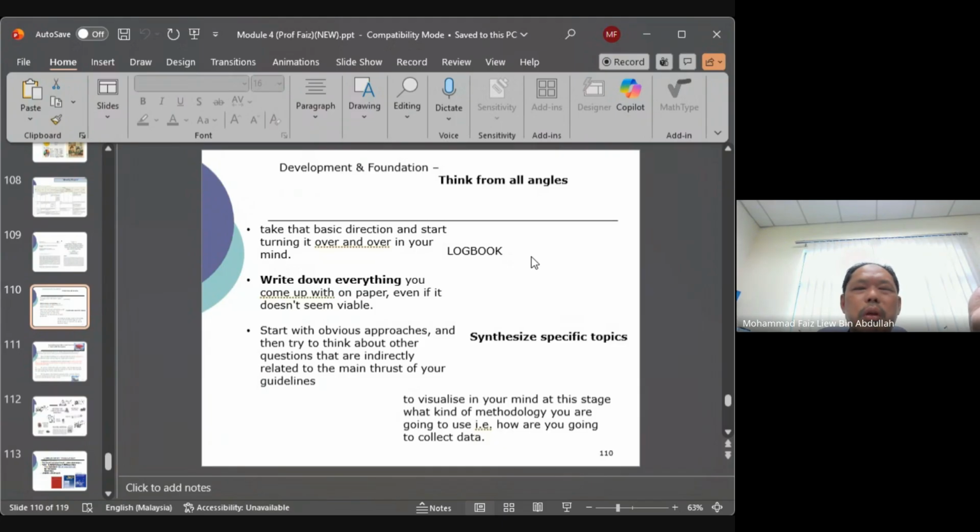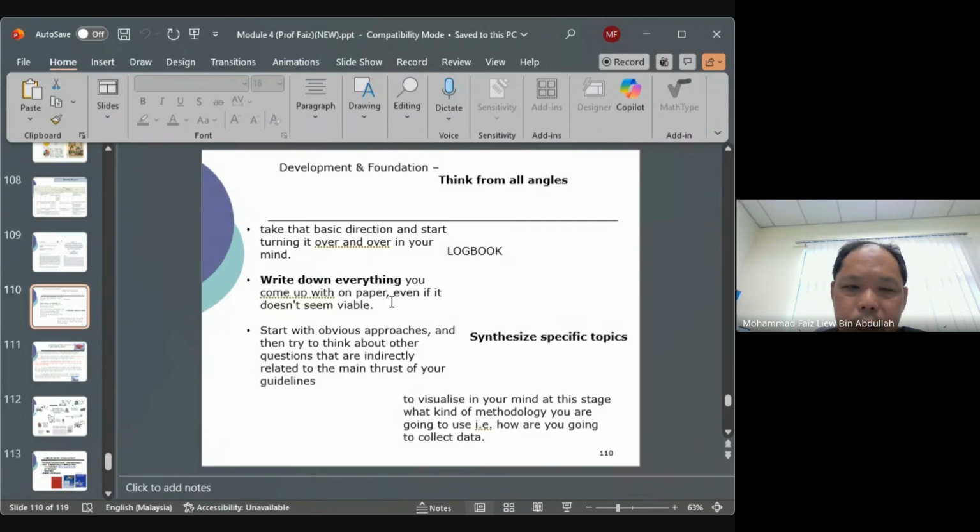Anything you read, you write it down. Because after first year reading, when you go to second year, you may have done something else and forgotten. If you write down your logbook, you can flip through and see maybe you have missed something.